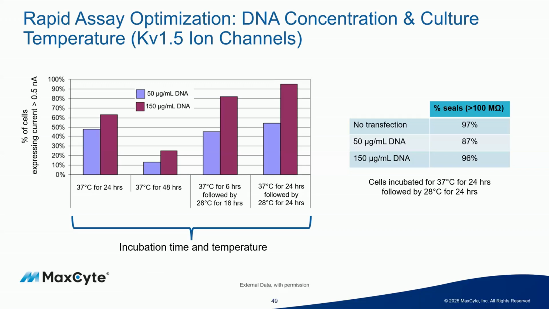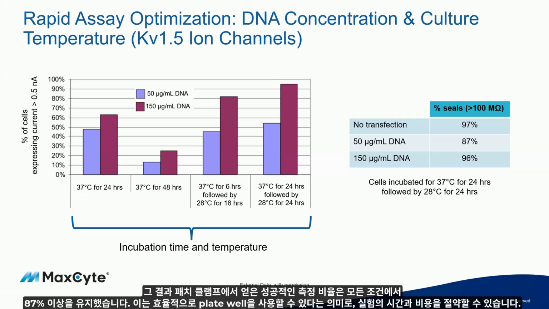Here they're quantifying the number of seals, so how many successful measurements they got from their patch clamp. They're able to see across all of these conditions that they're still able to get 87% or higher, which is great because it's more efficient with a patch clamp readout, so you're not wasting wells.